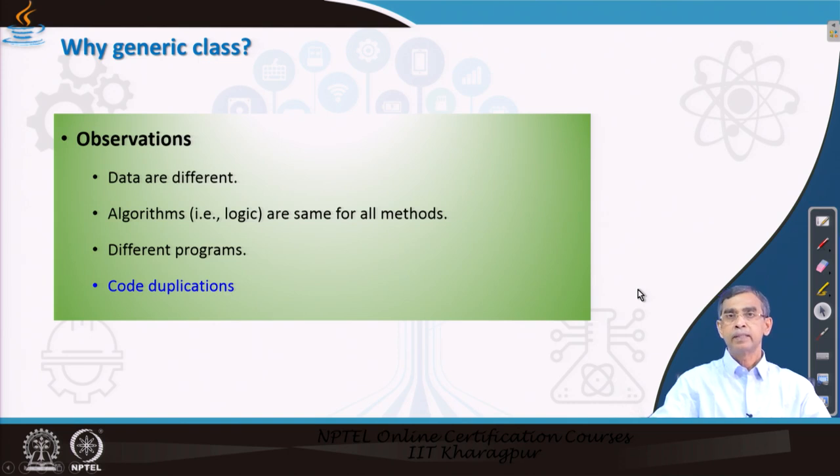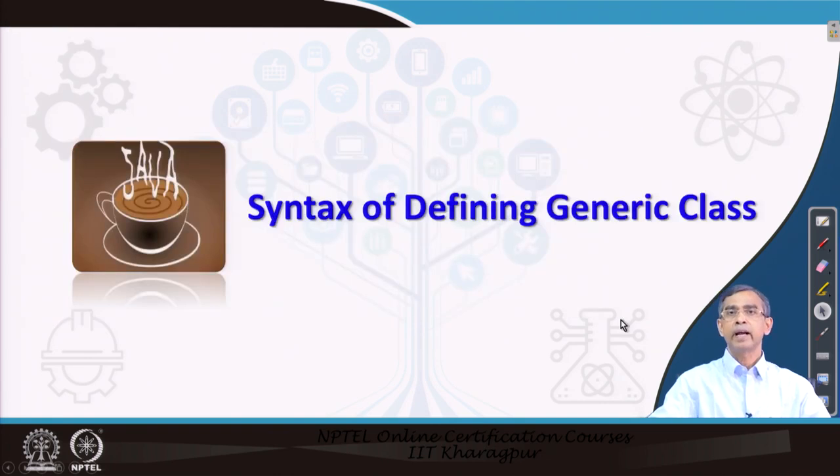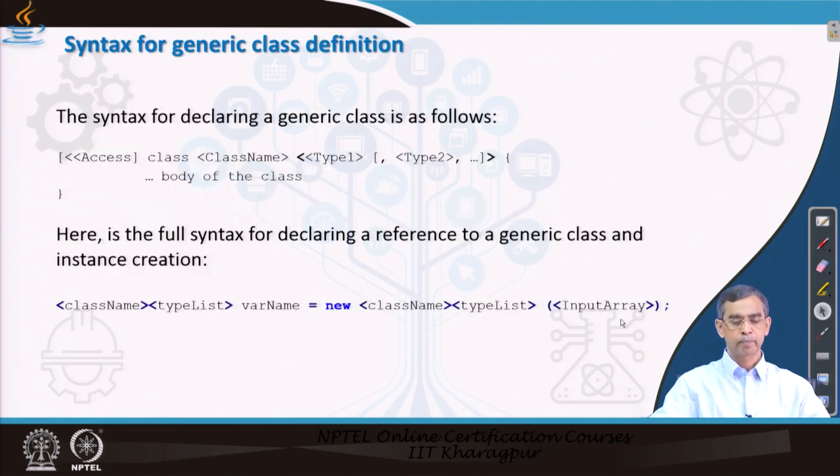If the types are different, but the logic is the same, then we should not go for writing different programs, rather we can avoid code duplication. Now, here is the idea of how a class, that means a program, can be made generic so that it can take care of any type of data to run.